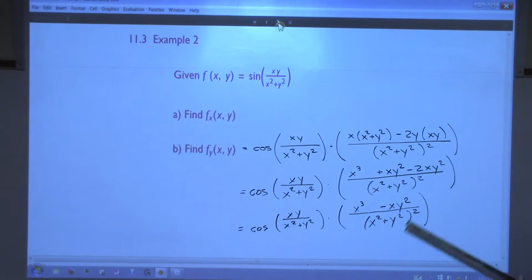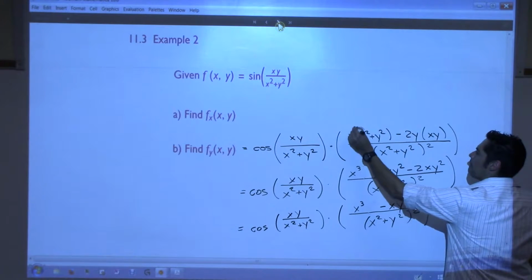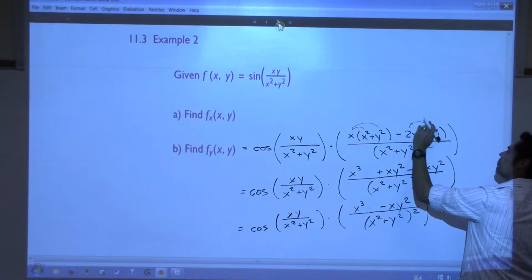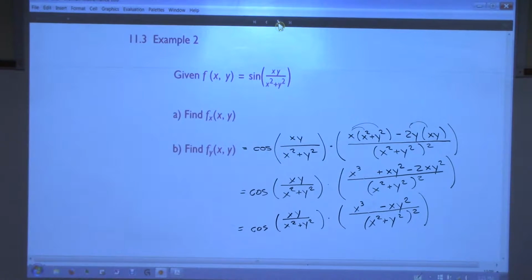It should look very similar to the last one. Good or no? Anyone have any questions on where I got any of this?